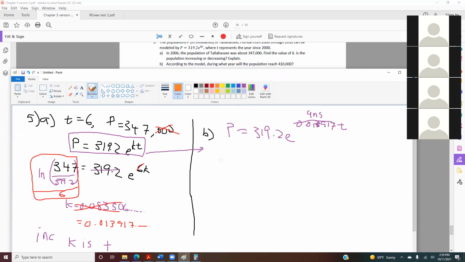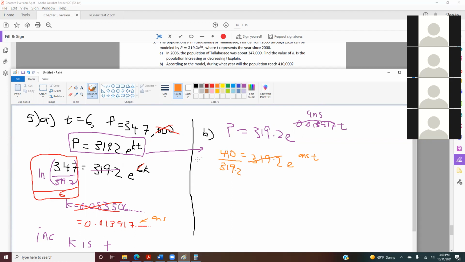So we will put 410, without the thousands again, because your P is in thousands. And then 319.2 e to the ANS t, because ANS means the whole value is used. This is your answer. So how do we solve for t here? We divide this by 319.2.